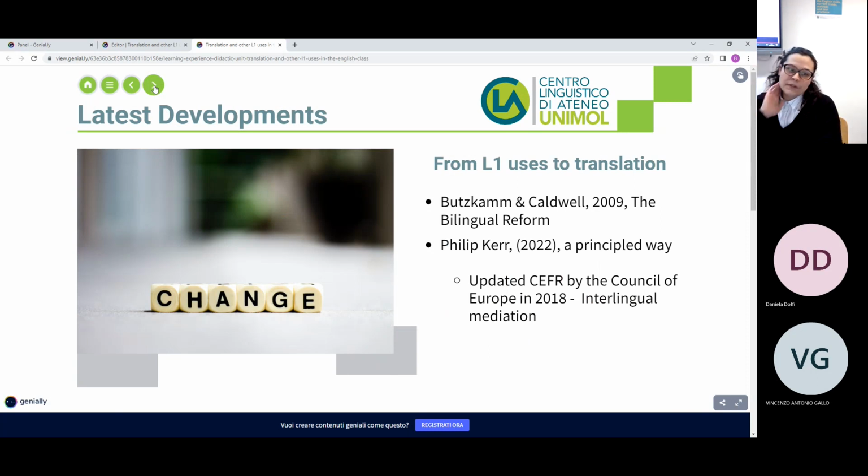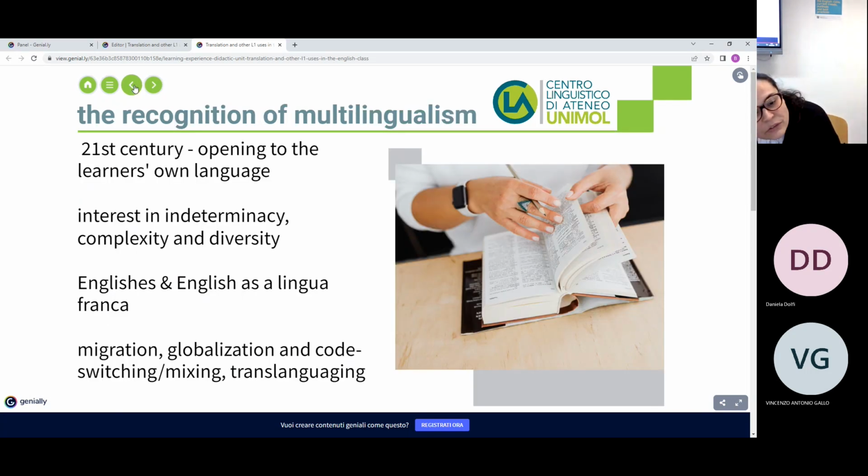And now we want to move on to the latest developments. When we talk about migration, globalization, code switching, bilingualism, multilingualism, we're not really talking about the use of translation in class. We're talking about some uses of the L1, which is not really translation.